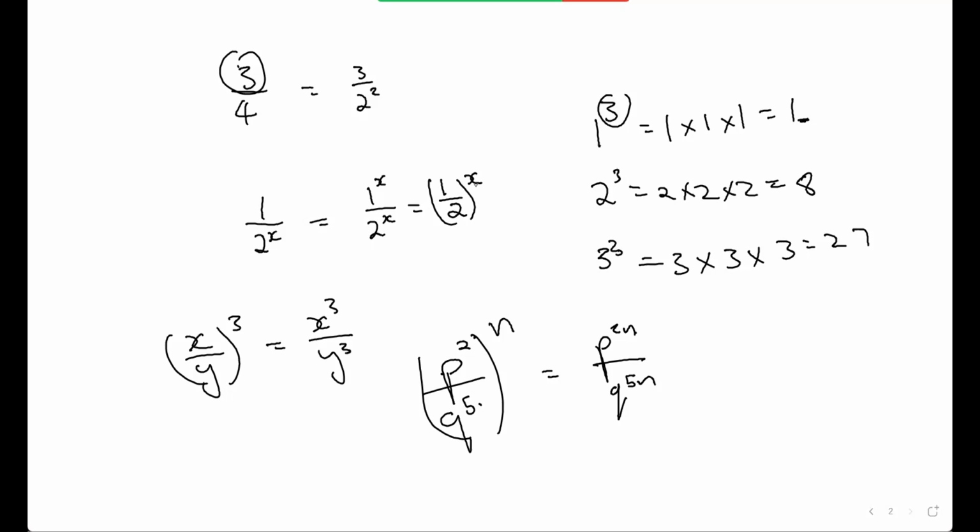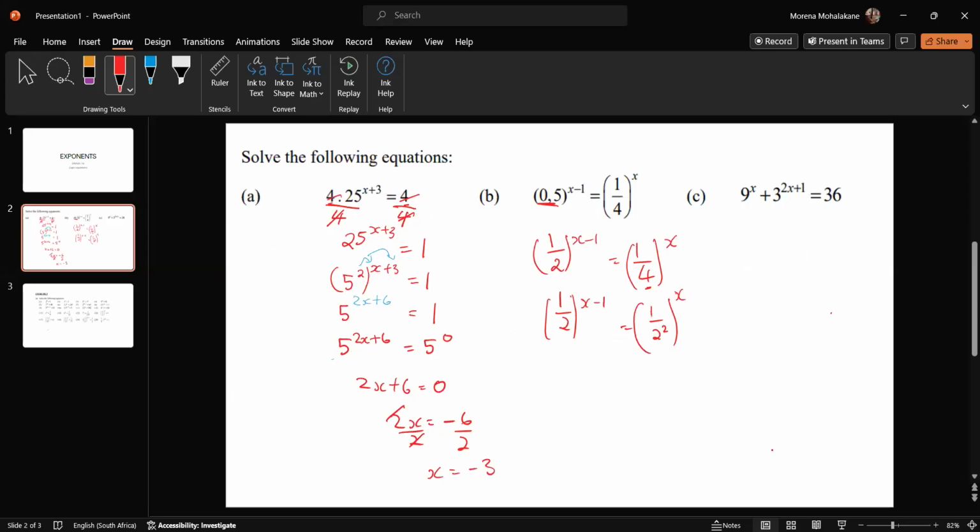Now, getting back here, I can write this as 1 over 2, and this 2 can be here, 2x, right?